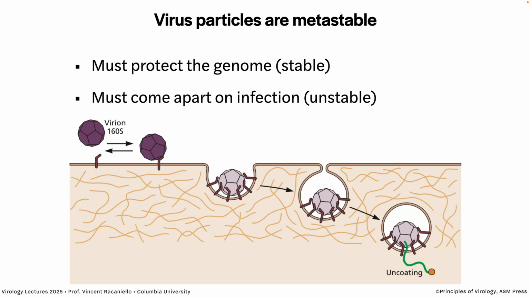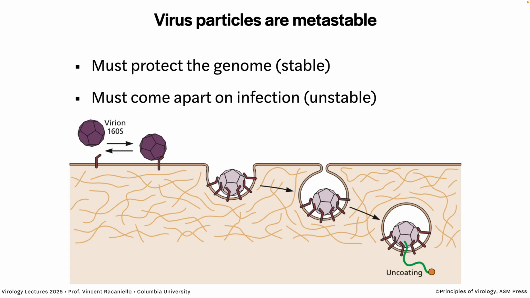Now, a key point about viruses or virus particles is that they are metastable. Metastable, what does that mean? It means sometimes they're stable and sometimes they're not. Very simple. There are other meanings for meta, but we don't mean everything.